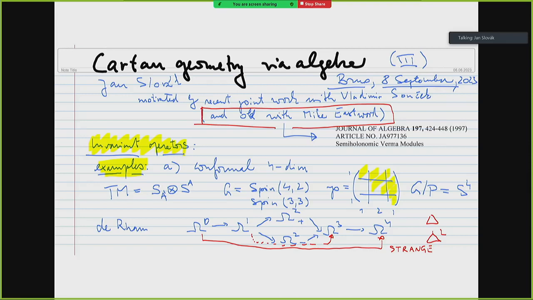But otherwise it's equivalent, as Boris told. And so this is the blockwise upper triangular matrix.